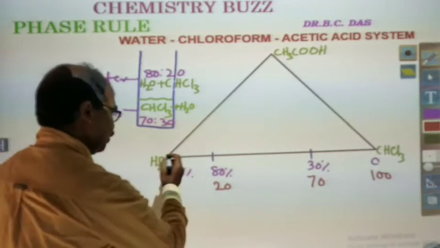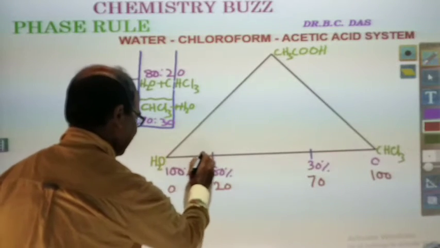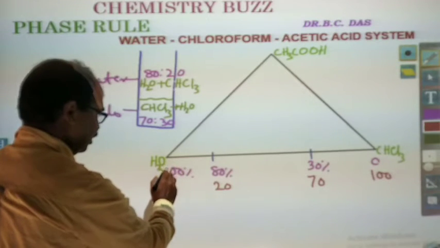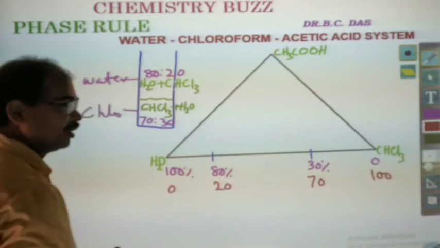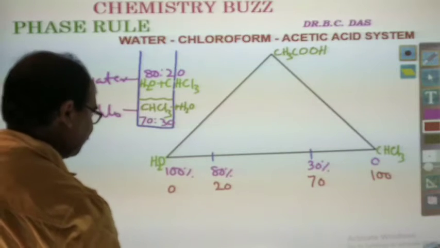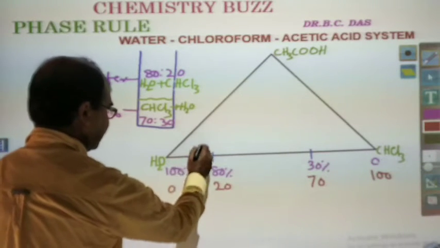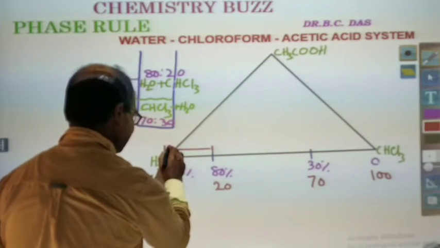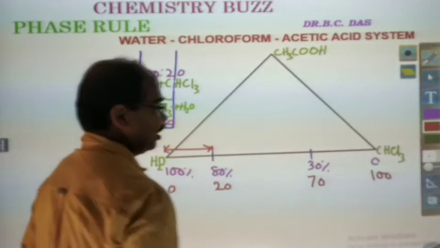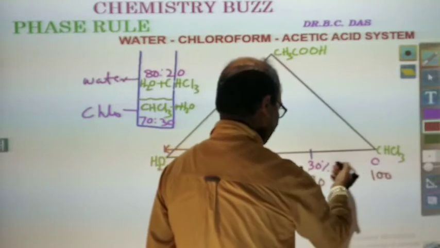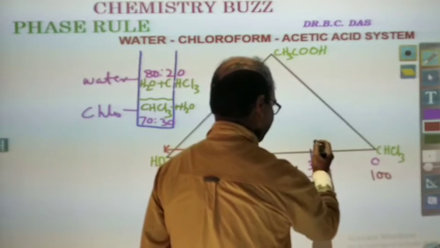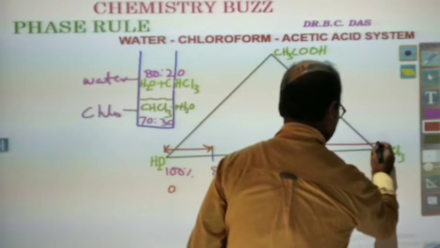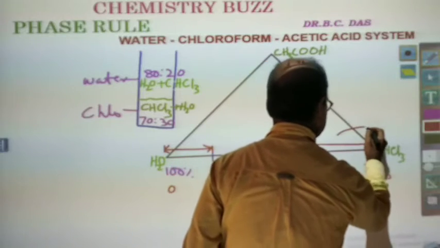So in this range, when the mixture is 100% to 80% of water and the rest chloroform, it forms a homogeneous solution, that is a single phase. And when the chloroform and the water percentage is in this other range, this is also homogeneous.